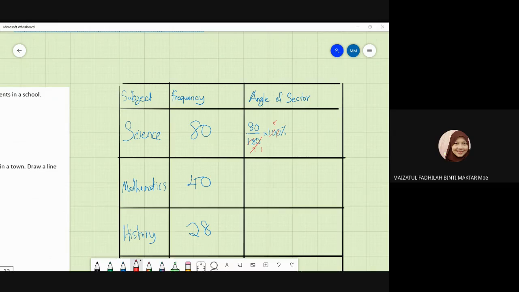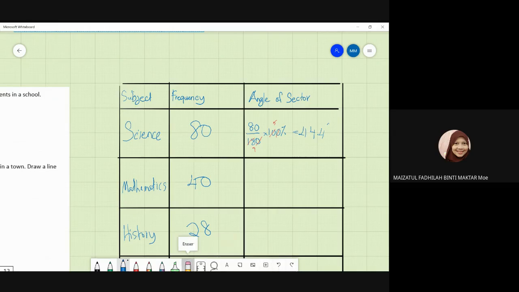So this one is 80, and this is 9, and this is 5. Then you will get 50 times 5 divided by 9. You will get 44.4. Okay, 44.4 degrees.